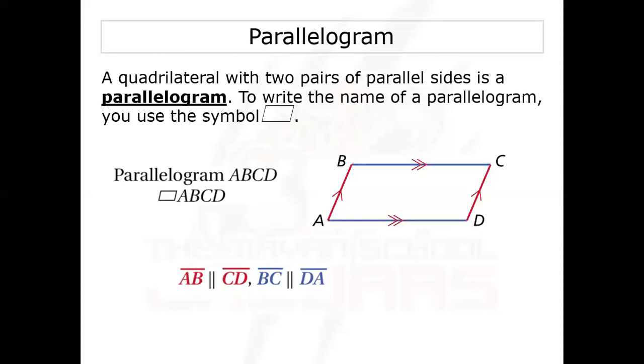There I'm using a double arrowhead, so that means that segments BC and AD are parallel. And the symbol that we use for this is this double bar. This double bar means parallel too.